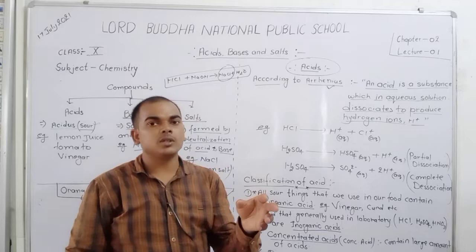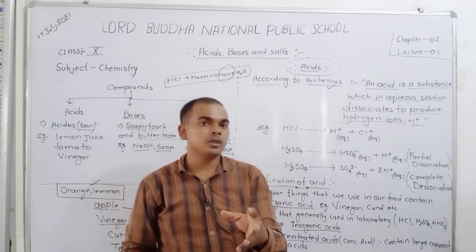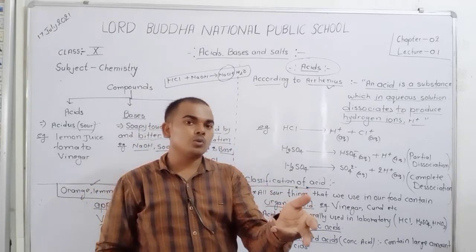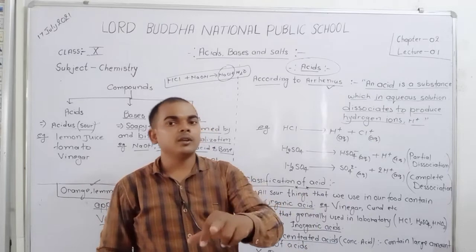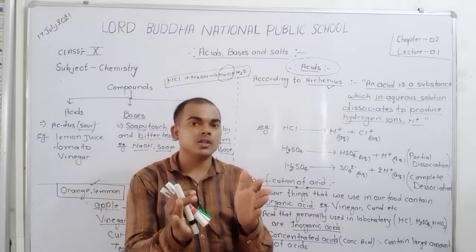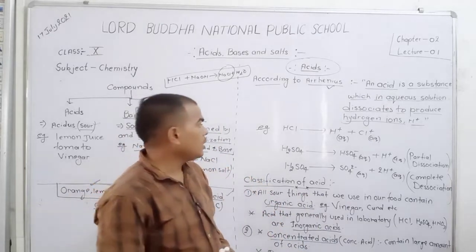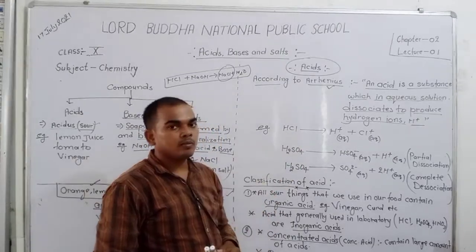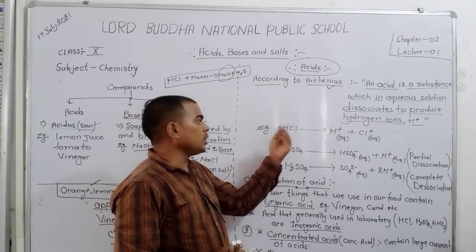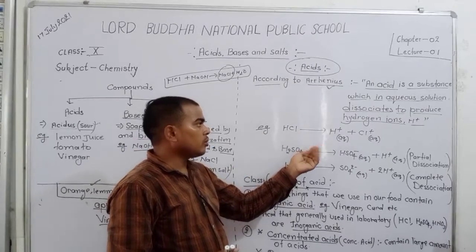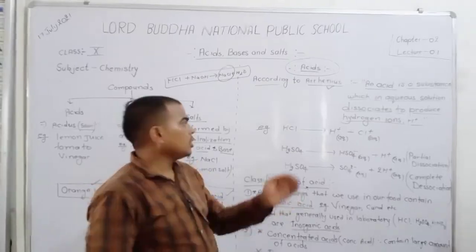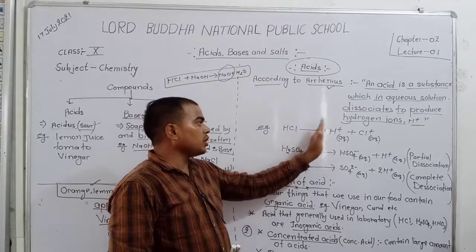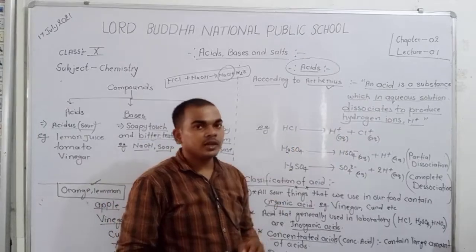If any substance on dissolving in water breaks down into H plus ion, then you say that the substance is acid. For example, here HCl. When we dissolve HCl in water, means aqueous, it breaks into H plus and Cl minus ion.